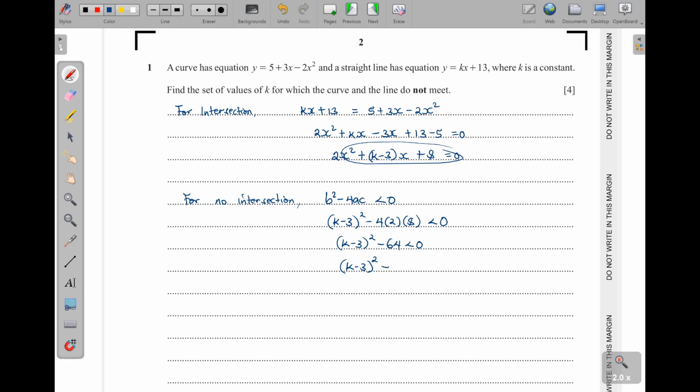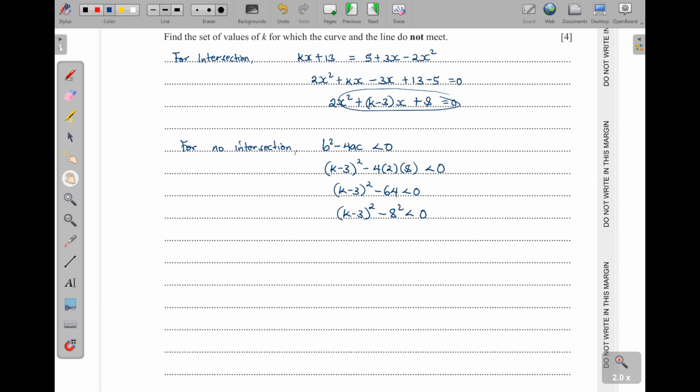But this is a difference of 2 squares, 8 squared. And for the difference of 2 squares, remember if you have a squared minus b squared, it is equal to a plus b, and then a minus b. So this is the same thing I'm going to use.